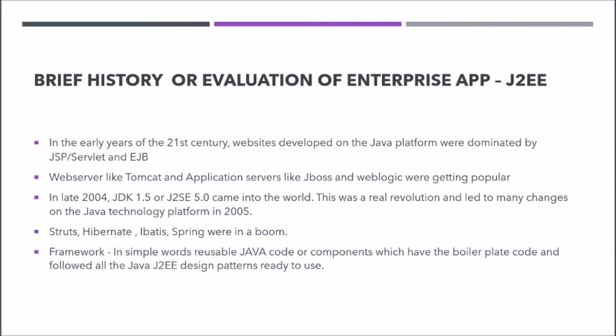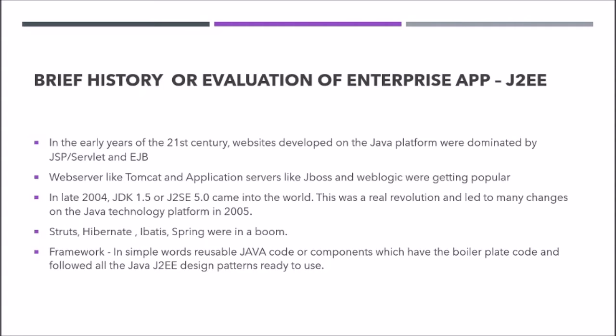It was getting popular day by day, since enterprises were moving into IT and required many applications in their environment, and those applications needed to be deployed on servers, using a web server or application server. That kind of infrastructure and environment was booming in the years 2000 to 2005.